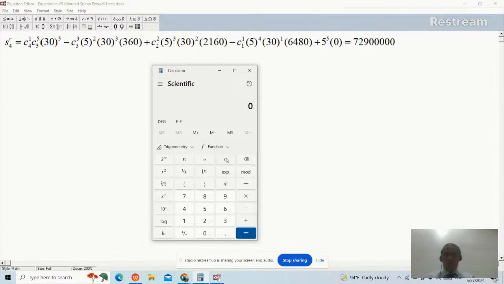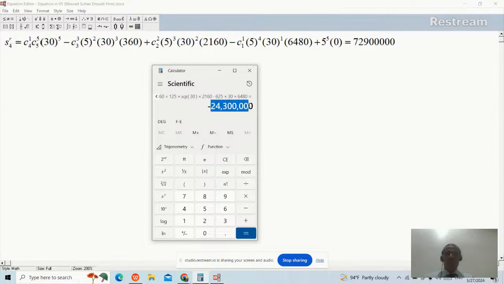It will be 4 times 30 raised to the power 5 minus 25 multiplied by 30 raised to the power 3, multiply by 360, plus 125 times 30 squared, multiply by 2160, minus 5 raised to the power 4 times 30 times 6480. This one equal to this.